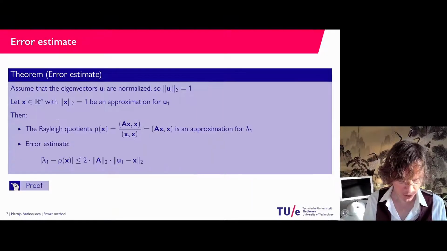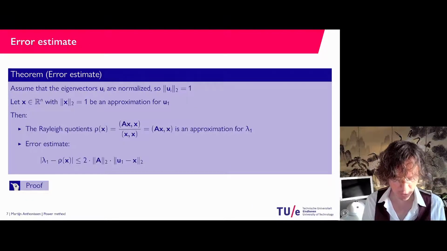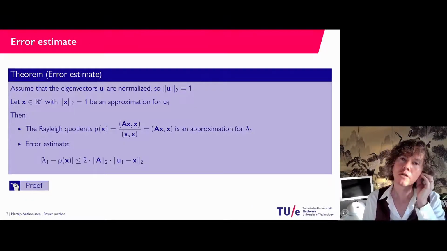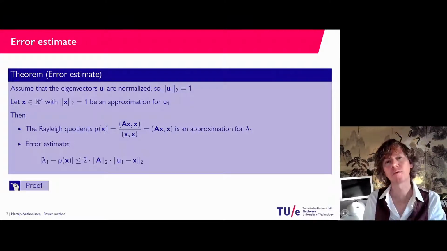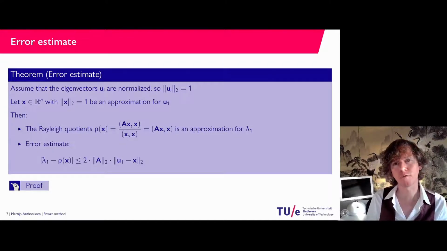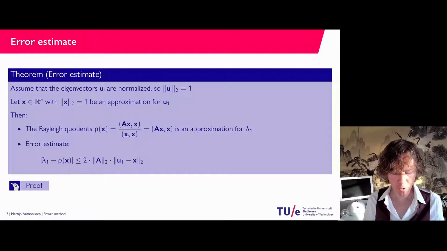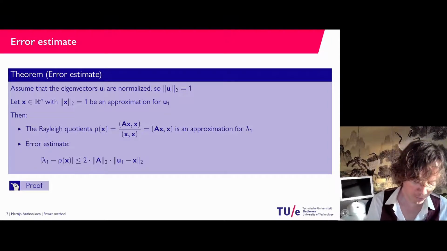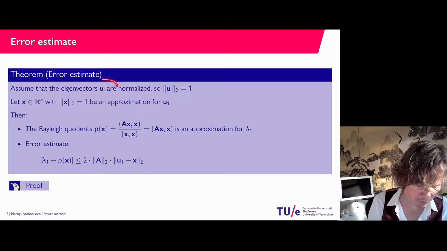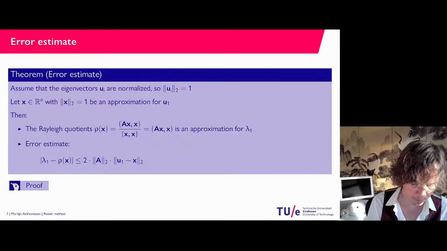Here, as a kind of in-between, is a theorem that states that if you have an approximation of the eigenvector, it tells you how accurate the Rayleigh quotient is as an approximation to the eigenvalue. So let's see what we have here. Assume that we have eigenvectors of a matrix and they are normalized, so they have length 1.